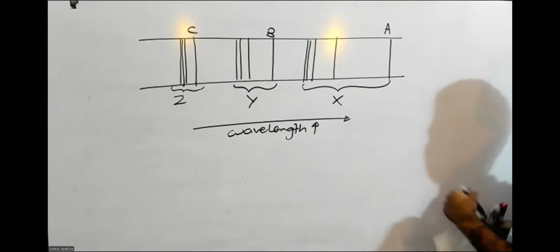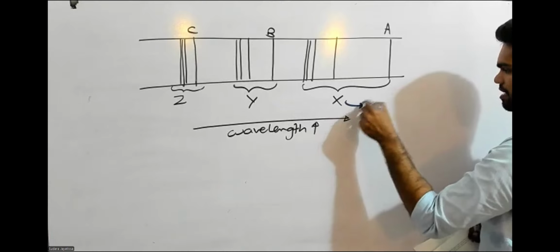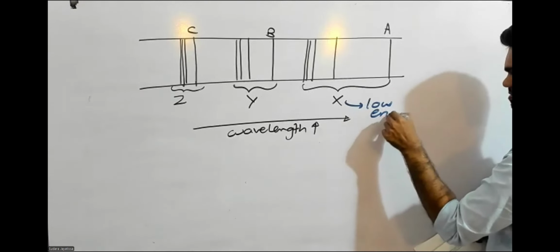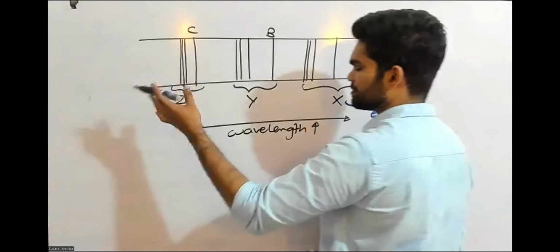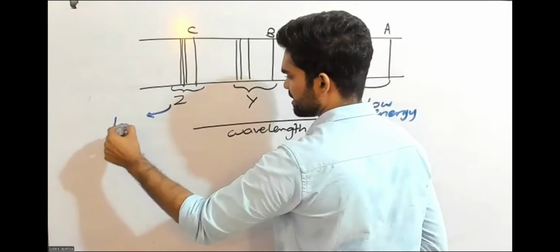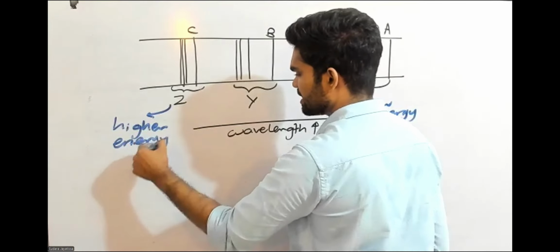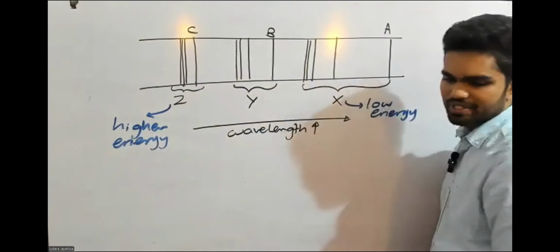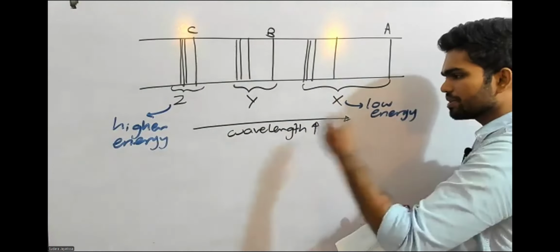Which means this series has low energy, and the series to the left side will have the higher energy. So normally we used to see higher energy ones having bigger gaps. Why? Because we draw according to the energy.